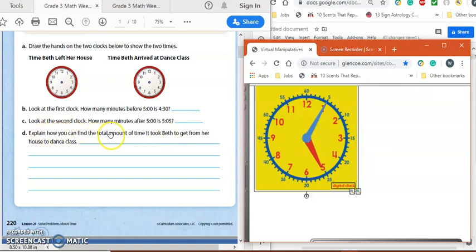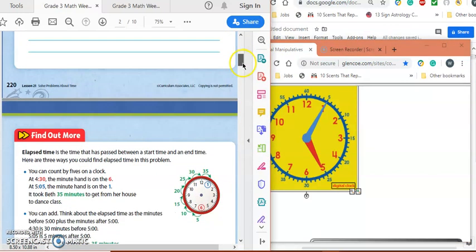Now, how can we find the total amount of time it took Beth to get from her house to dance class? If we add the time from 4:30 to 5, which we said was 30 minutes, and then we add the 5 minutes more, we got a total of 35 minutes. Very good. Okay, moving right along.